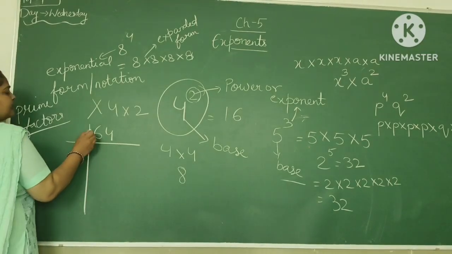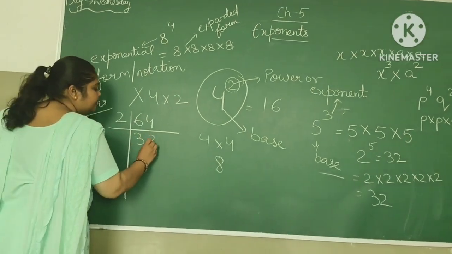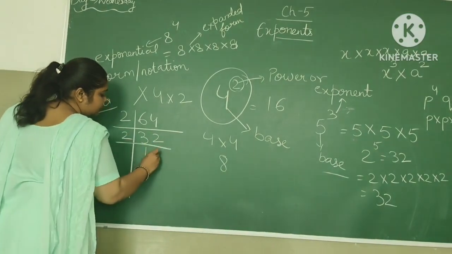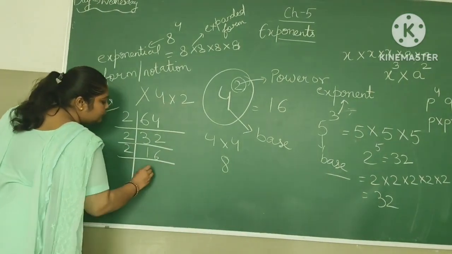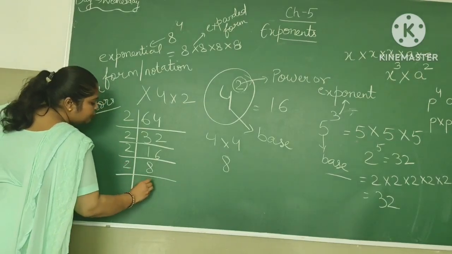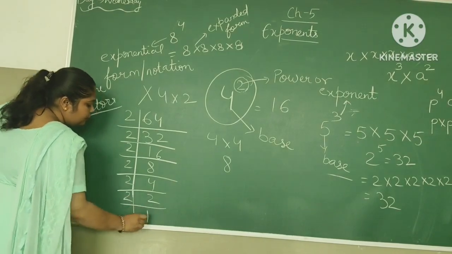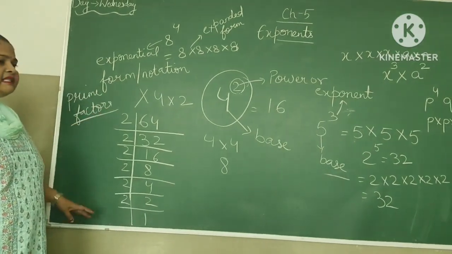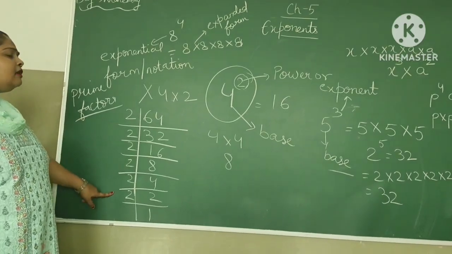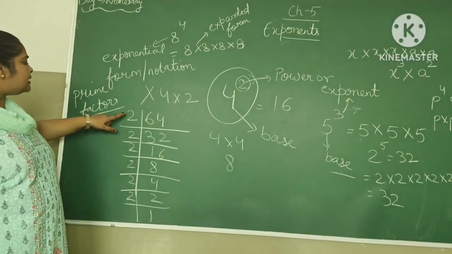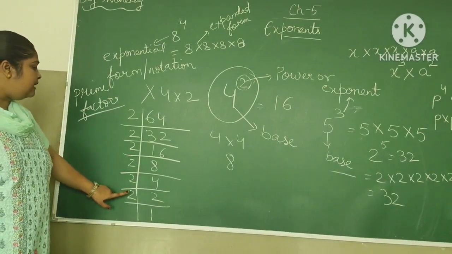So start taking the LCM: 64, then 32, then 16, then 8, then 4, then 2, then 1. Now you can see all the factors are only 2. How many groups are there? 1, 2, 3, 4, 5, 6.